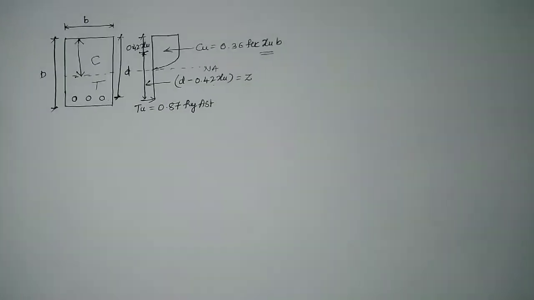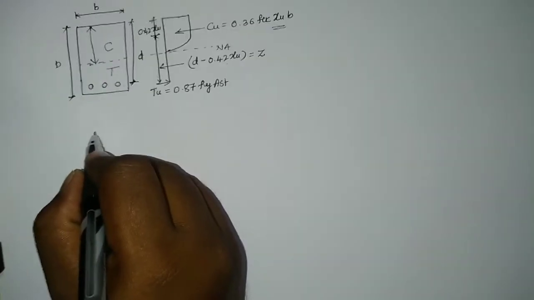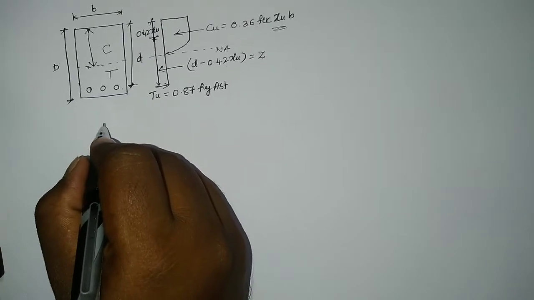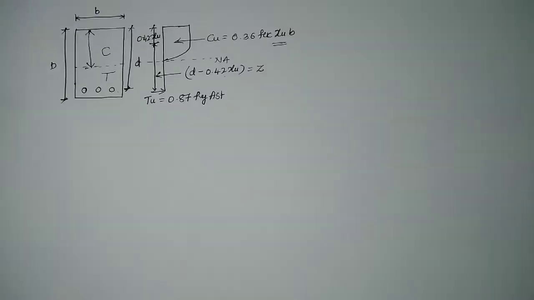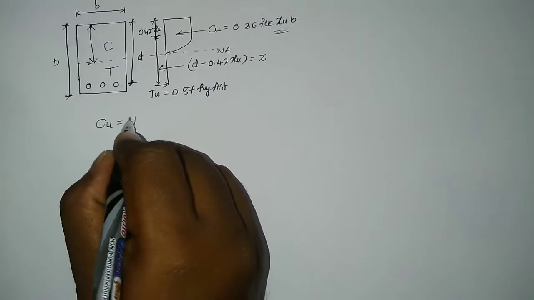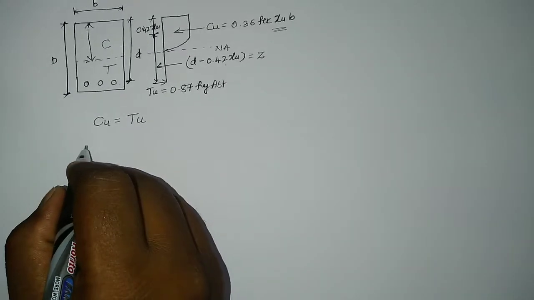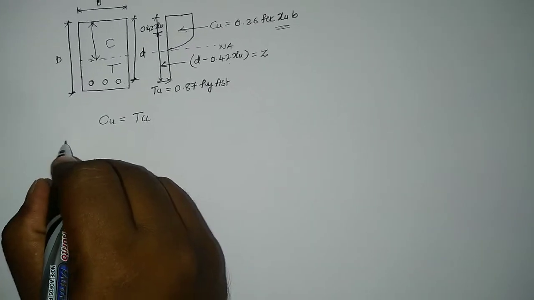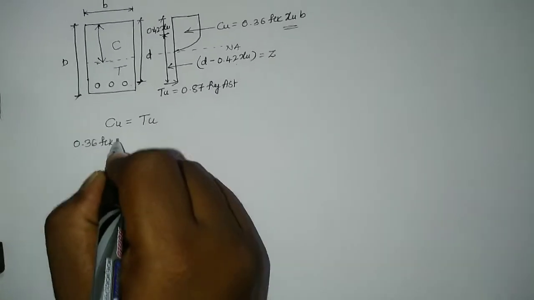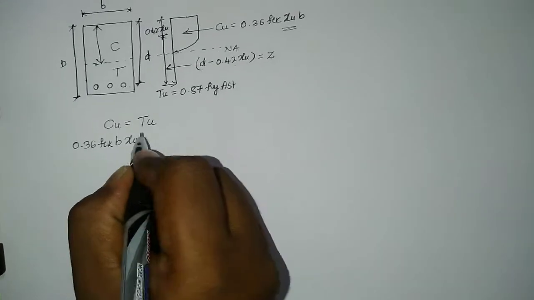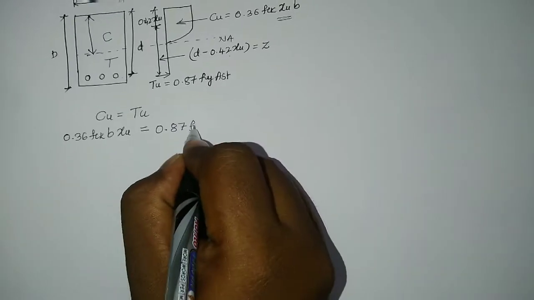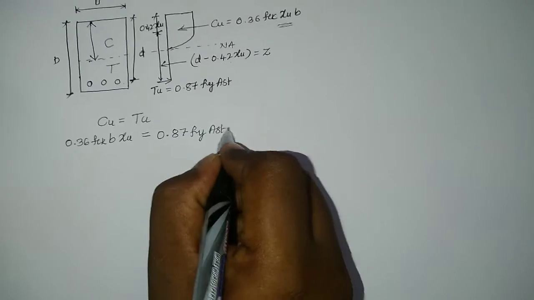At the initial stage I'll find the value of XU. When it comes to equilibrium, always Cu is equal to Tu. Cu is nothing but 0.36 fck into B into XU, which equals 0.87 fy Ast.